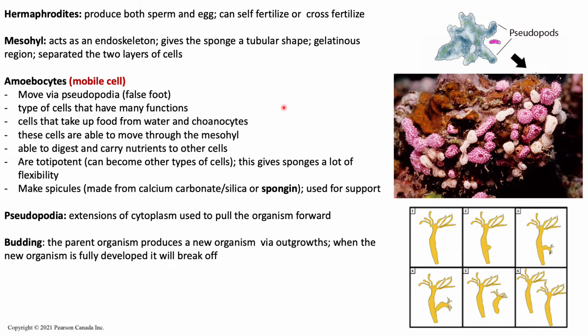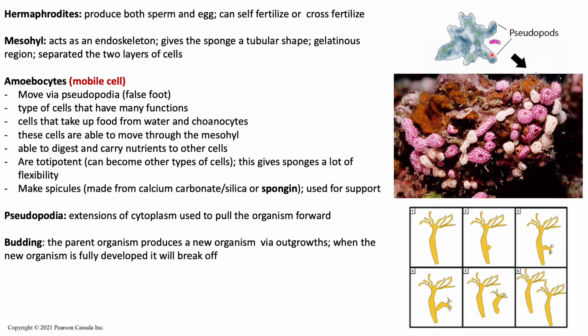Another important thing to make note of is we just discussed that amoebocytes are mobile within the mesohyl. How are they mobile? They're mobile because of their pseudopods. Pseudopods, essentially, if we break down the word, we know pseudo means false and pod means foot. So it's a false foot.